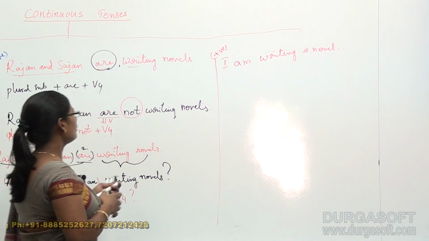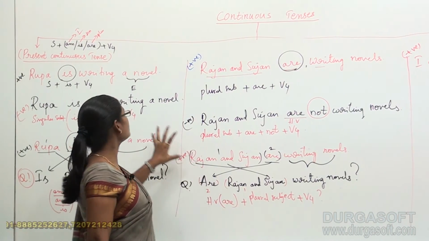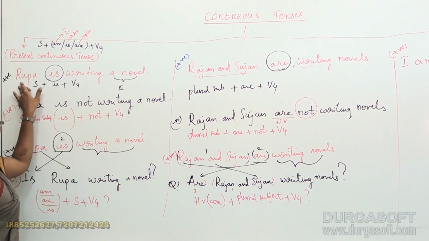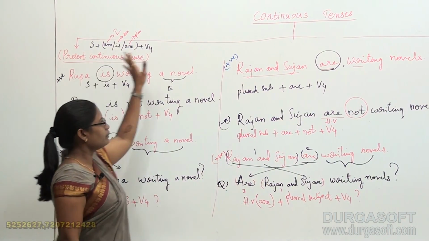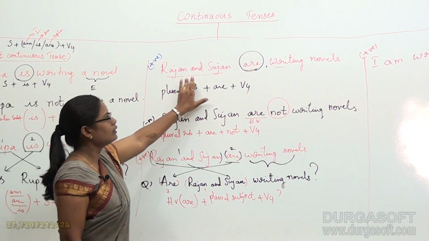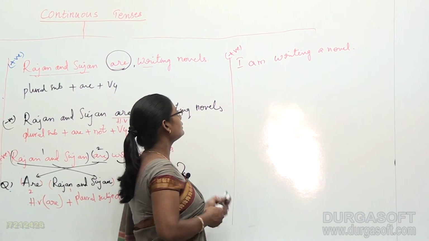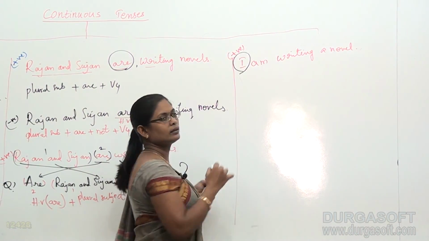See, when you compare these sentences, in my first one my subject is Rupa, in my second one my subject is Rajan and Sujan, and in my third one my subject is I. This is the subject, right?